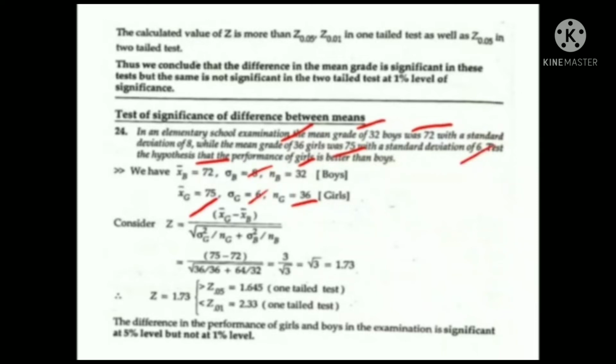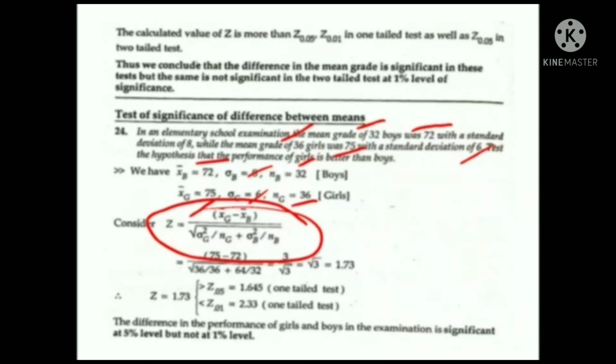So, substituting all these values in the test statistic, Z is equal to x1 bar minus x2 bar divided by the square root of sigma 1 square by n1 plus sigma 2 square by n2. We can substitute the values here. Instead of 1 and 2, we have boys and girls.